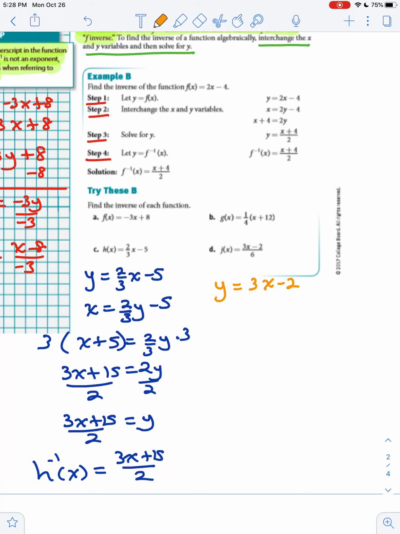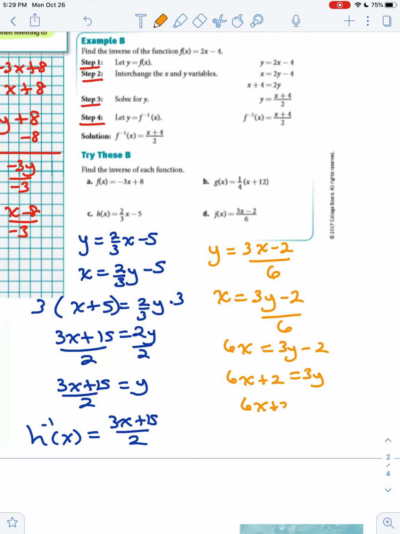We got room to do one more, so we'll do part D. So for part D, we have j of x, I'll replace it with y. Y equals 3x minus 2 divided by 6. So we want to switch x and y, so x equals 3y minus 2 divided by 6. Okay, multiply both sides by 6, I get 6x equals 3y minus 2.